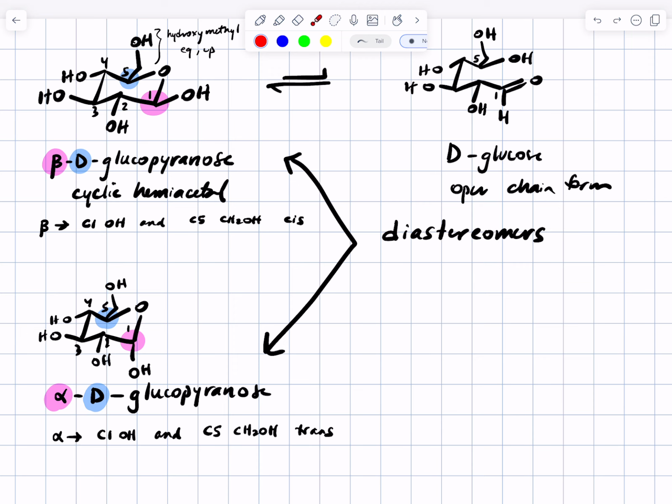Is there a relationship between R and S and L and D? No, it's a good question. The D and L, I should know the science on this, but it's a whole long time ago, and it's hard to care after a while. Back before we had modern techniques for establishing absolute R versus S configuration, you could tell the difference between two enantiomers by optical rotation, and you could also crystallize two enantiomers separately.